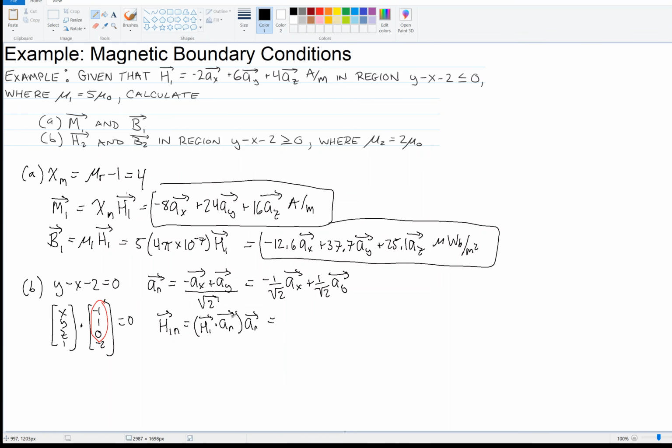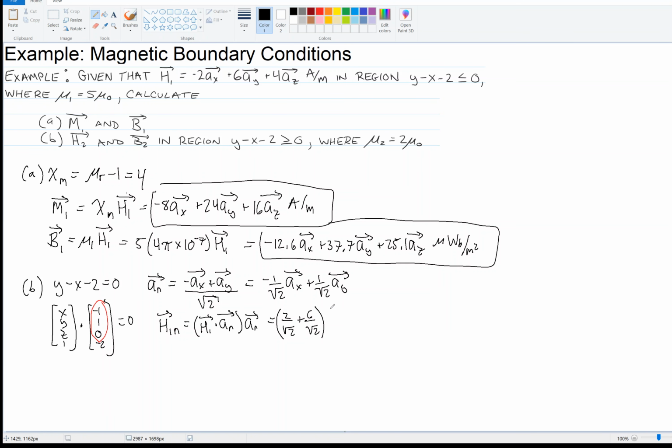So I've got h1, so I've got -2 times -1 over root 2, so that makes positive 2 over root 2, like that. And then I've got 6 times 1 over root 2, so plus 6 over root 2. Okay, and then I've got 0 in the z direction.